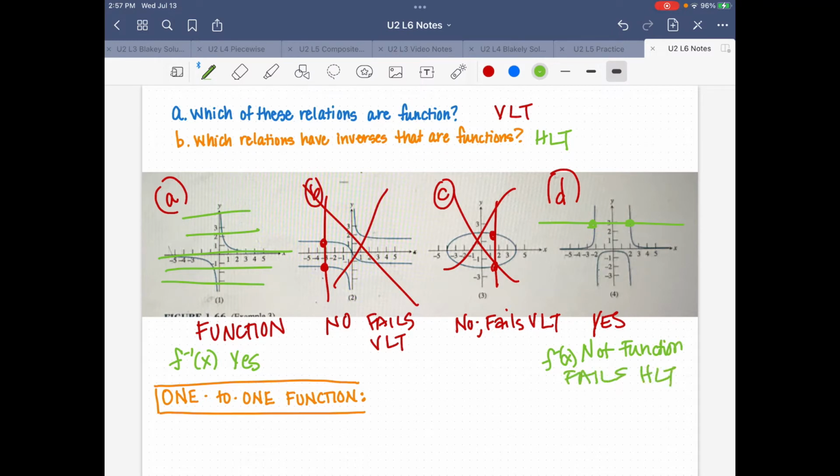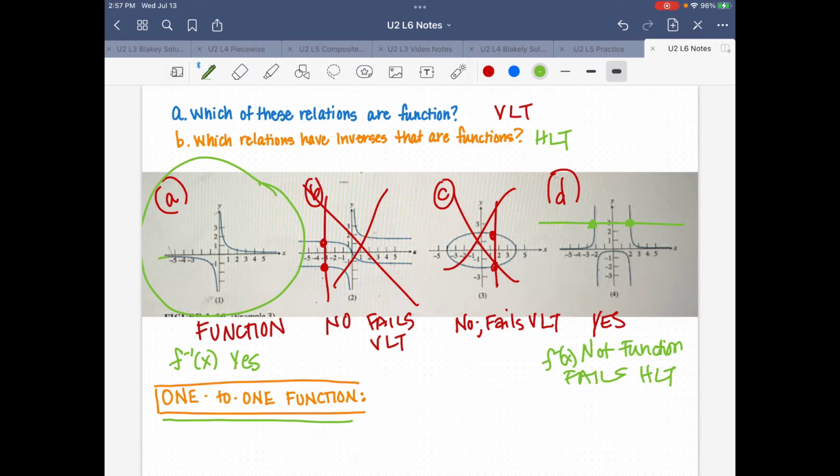All right, so example A, where it's a function and its inverse is a function, is a special type of function called a one-to-one function.